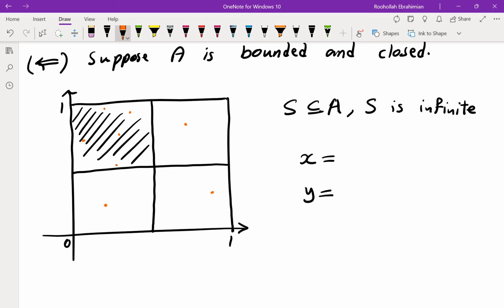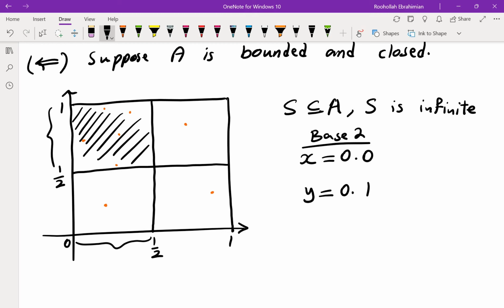Now, the limit point that I'm going to find would be the x coordinate. This is 1/2 and this is 1/2. The x coordinate would be in here and the y coordinate would be in here. So it would be 0 here and this would be 1. And this is in base 2, the base 2 representation of the limit point.